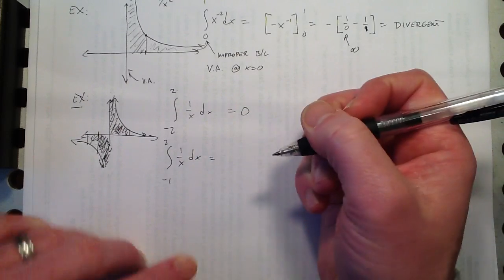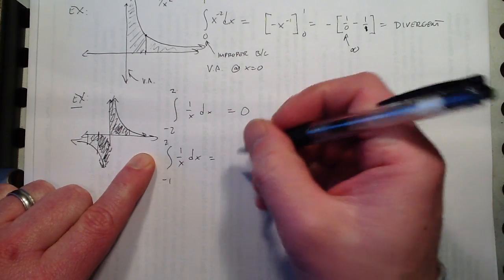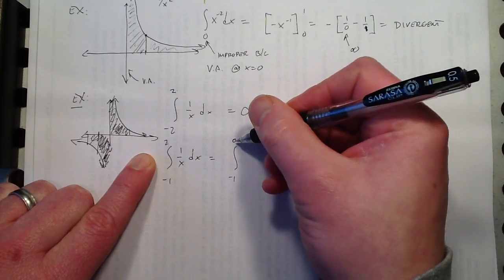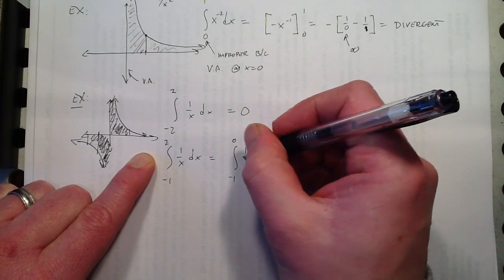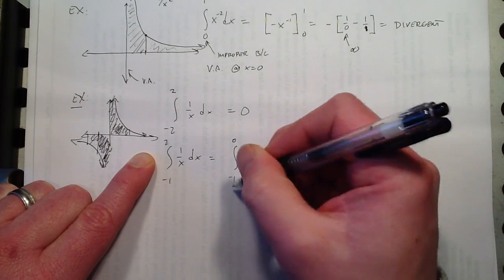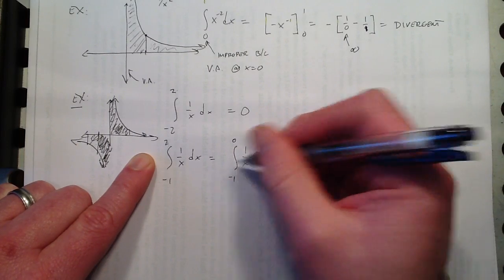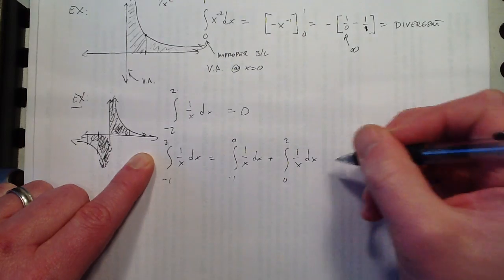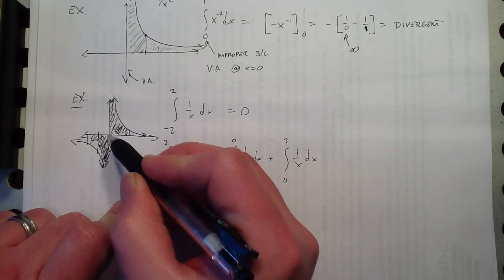Okay, now what I have to do is split this into two different integrals. I have to isolate the trouble spot and then go from negative 1 to 0, and see if either one of these don't exist, then the game is over. So split it up into those two, right?